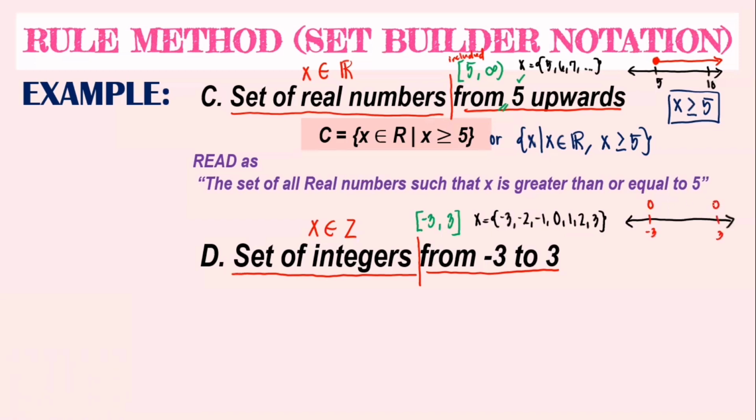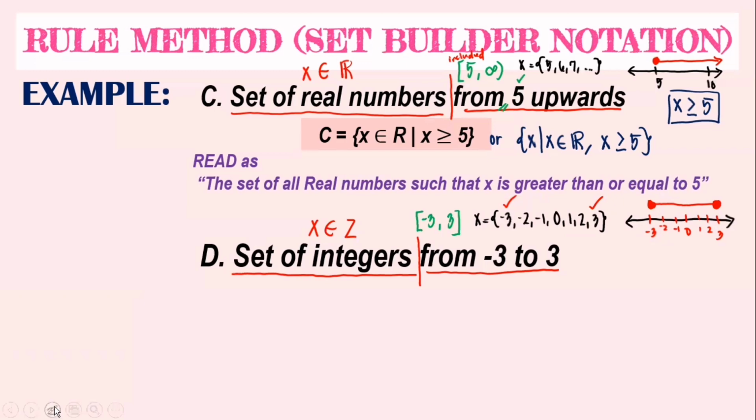Ito yung points natin. So mula daw sa negative 3 up to here, diba? So this is your 0. Ito yung negative 1, negative 2, positive 1, positive 2. Okay, so ibig sabihin, ang mga numbers natin ay nandito sa negative 3 to 3. And since this is shaded, ibig sabihin included yung ating negative 3 and 3 sa ating values ng x.